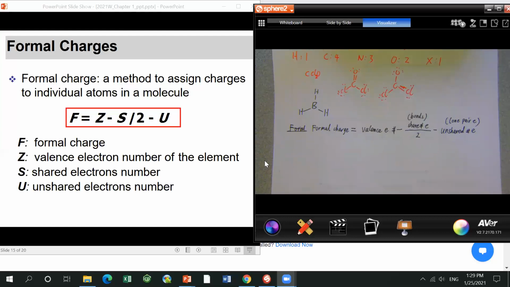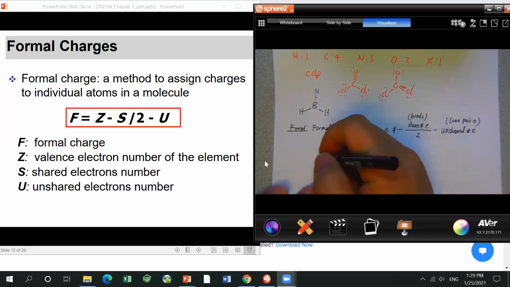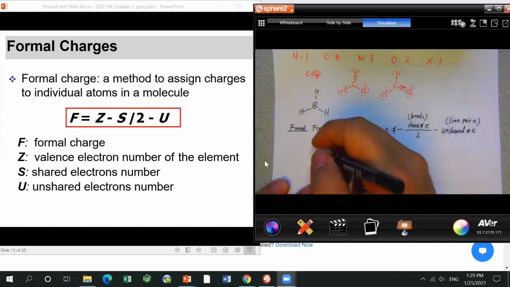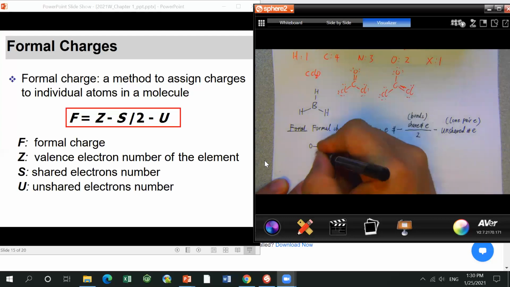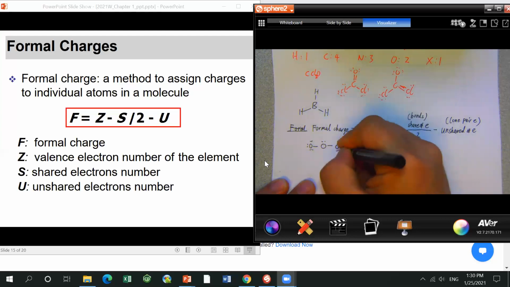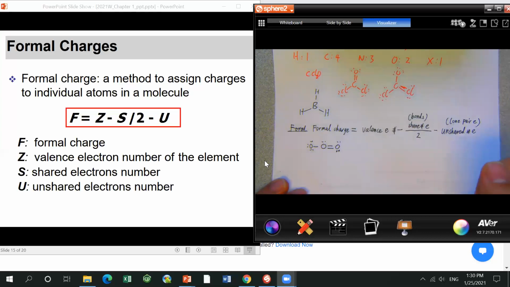So we'll still use ozone as an example. Remember the ozone has this Lewis structure, and it's pretty interesting that all 3 oxygens have different formal charges. So we do it one by one.